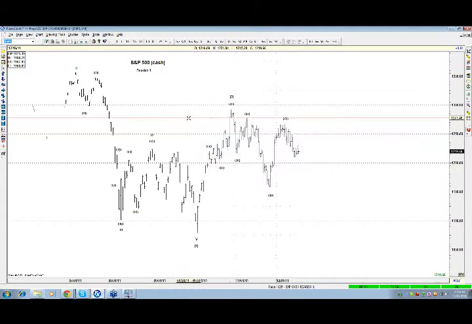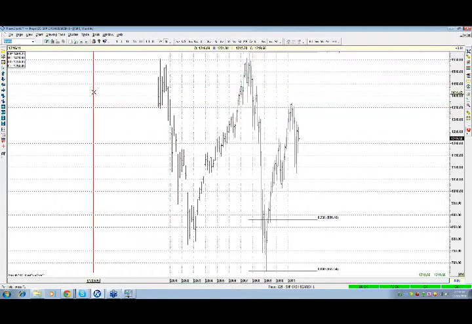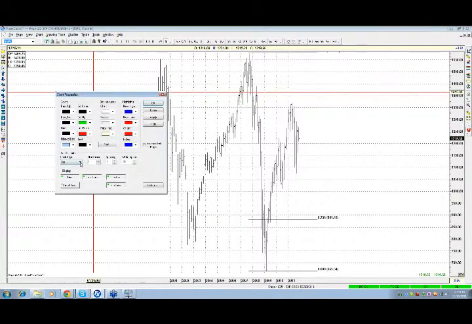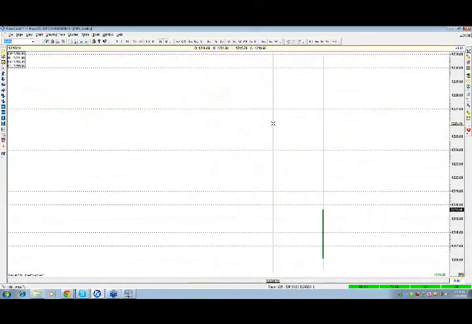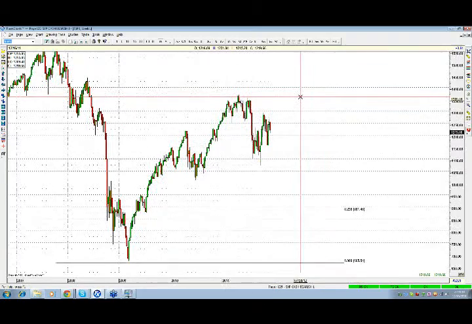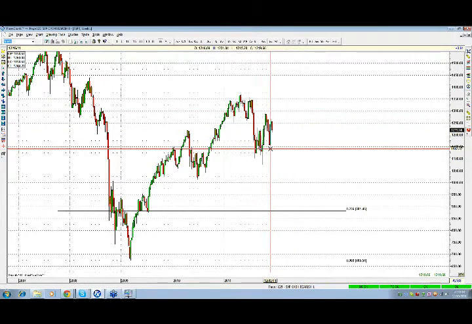Now, let me show you something. Let me take the labels away. Let me put the monthly chart. And the weekly chart. This looks like a typical, let me see, you have the recovery, the back.